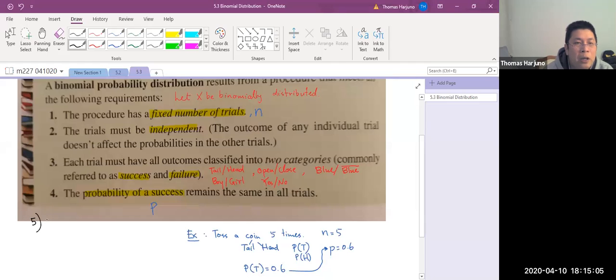The fifth part is that we are interested in the number of successes only, regardless of the order.